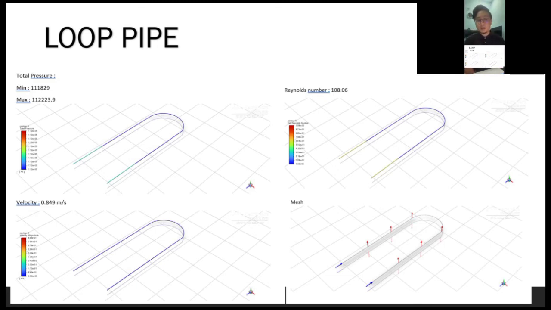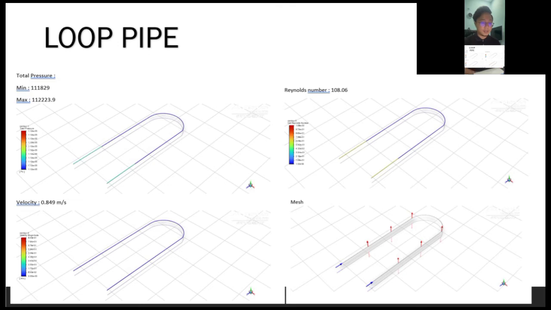The Reynolds number is 108.06, and the last contour is velocity, 0.849 meter per second, lower than straight pipe. And this is our last mesh of loop pipe picture.